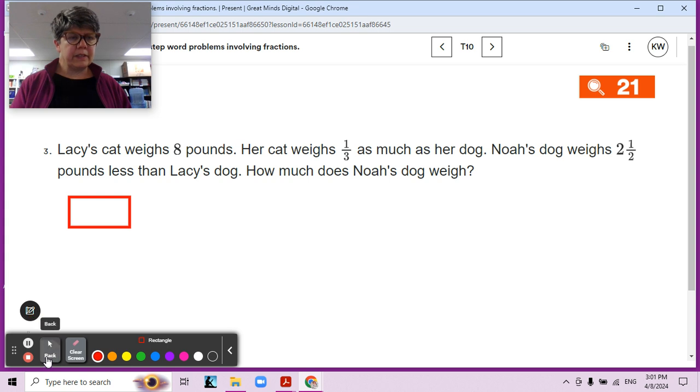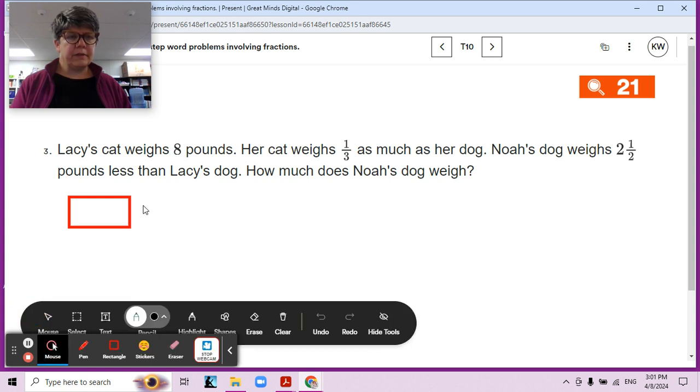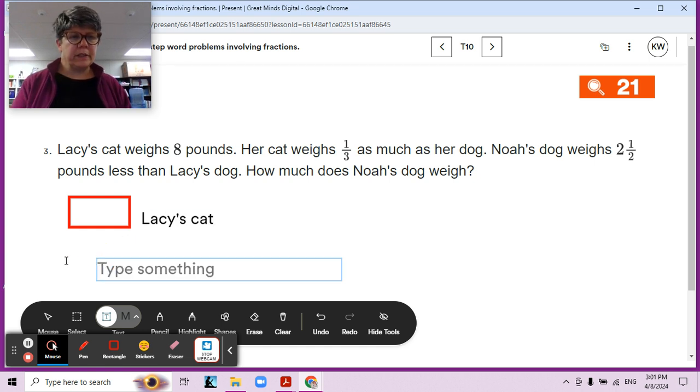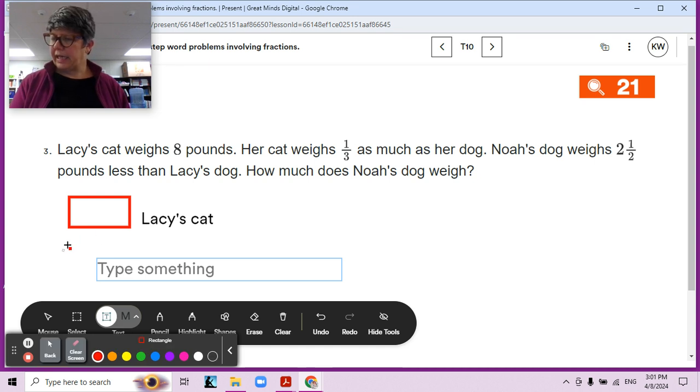Let's see if I can type it in here for us. There we go. Lacey's cat. Make sure you're doing this as well in your book. And then her cat weighs 1/3 as much as her dog. So if her cat weighs, and we know it weighs 8 pounds, so I'll come back and put the 8 in there.